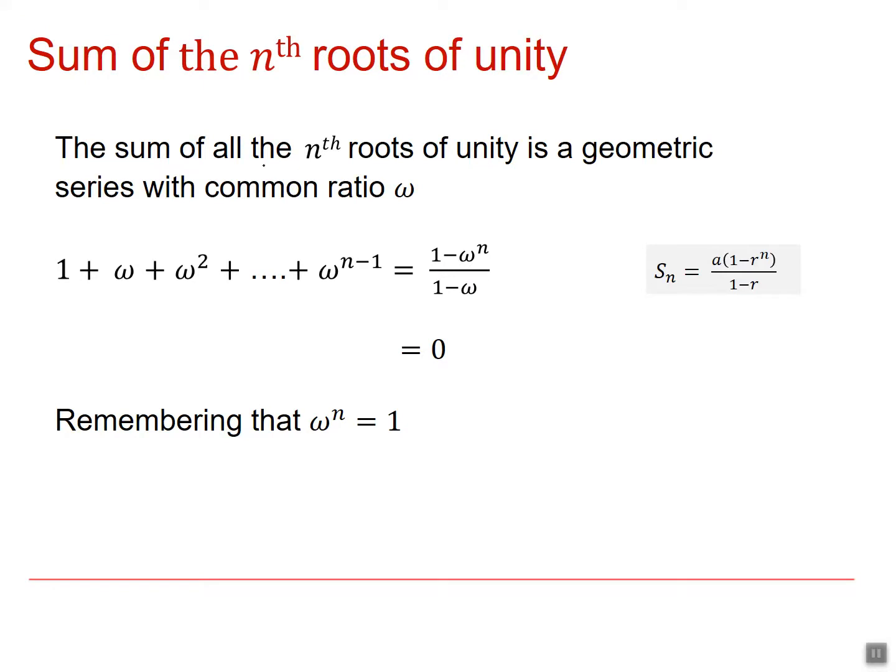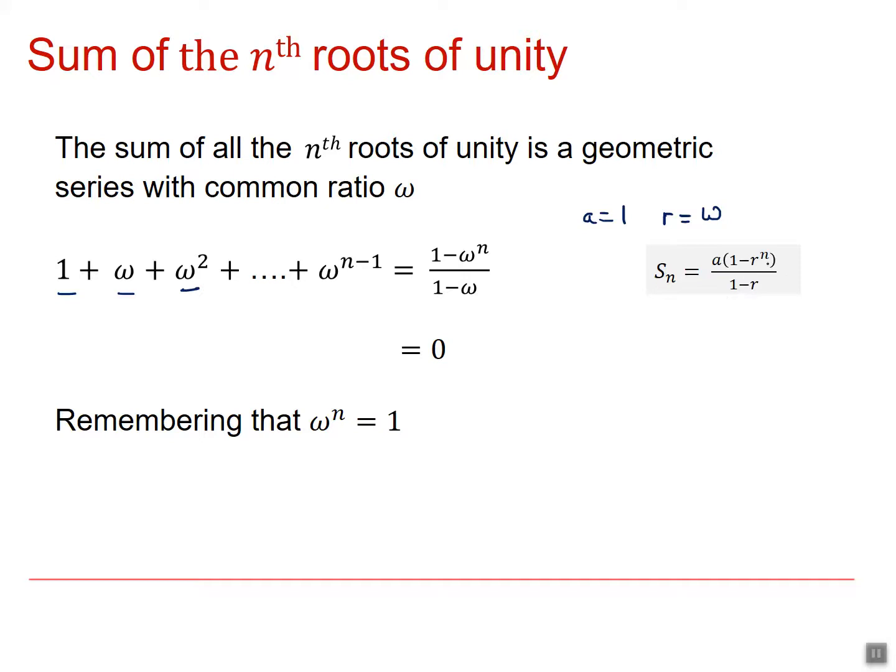So what about the sum of all the nth roots of unity? Well, it's a geometric series. We've got 1 plus omega plus omega squared and so on. So we've got a first term of 1 and a common ratio of omega.